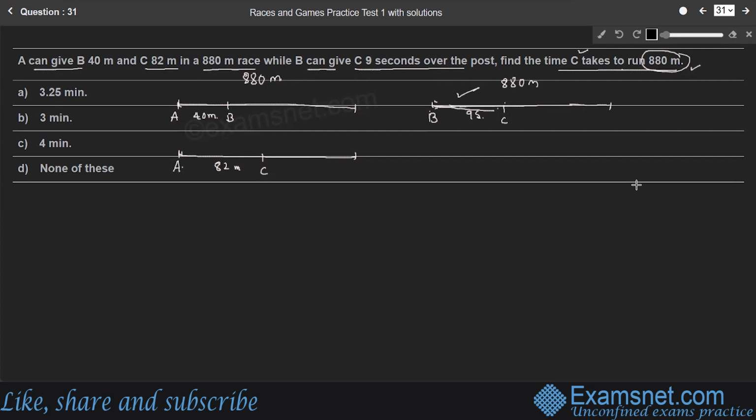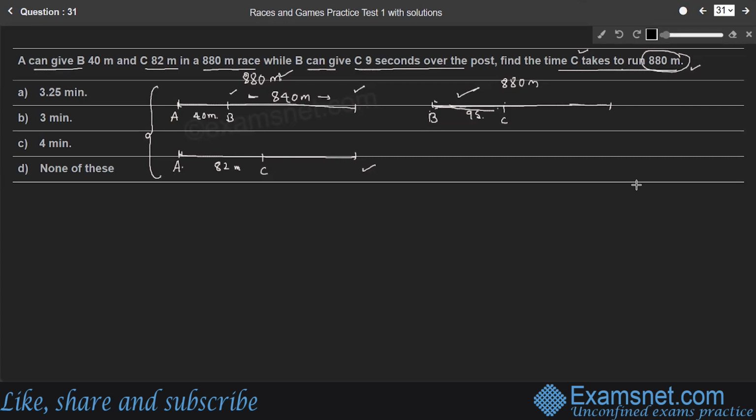For that, we'll consider first two information, right? So B is ahead of A by 40 meter and C is ahead of A by 82 meter, right? So in this case, B covers 880 minus 40, so 840 meters of distance, right? When B covers 840 meter of distance, these two are happening simultaneously at the same time, in the same track, right?